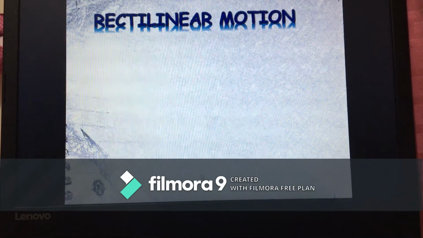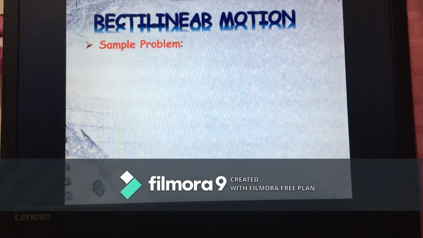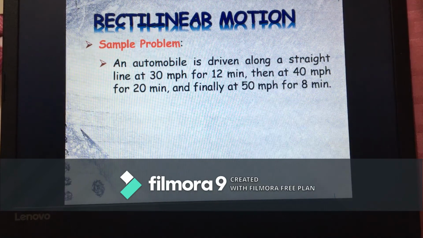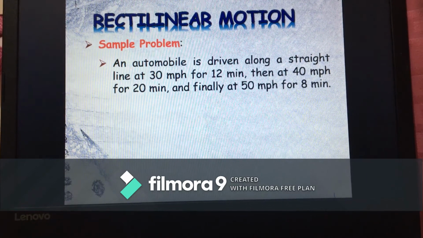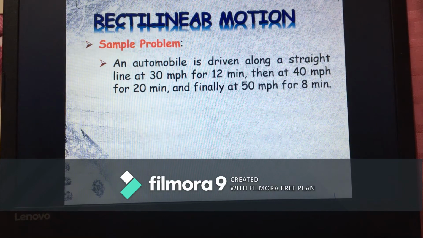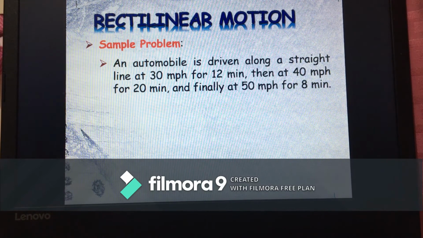Okay? Now, for the application problem, we have an automobile driven along a straight line at 30 miles per hour for 12 minutes. Then at 40 miles per hour for 20 minutes. And finally, at 50 miles per hour for 8 minutes.